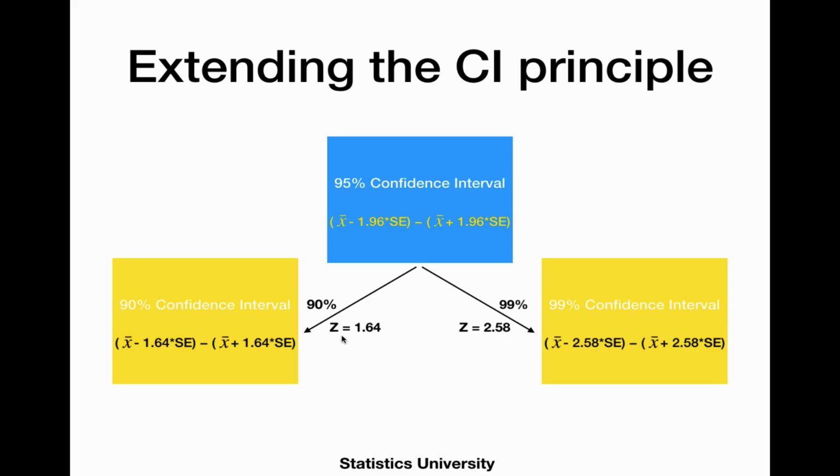And for a 90% confidence interval, you would use a Z value of 1.64 instead of 1.96. And for a 99% confidence interval, you would use a value of 2.58 instead of 1.96.